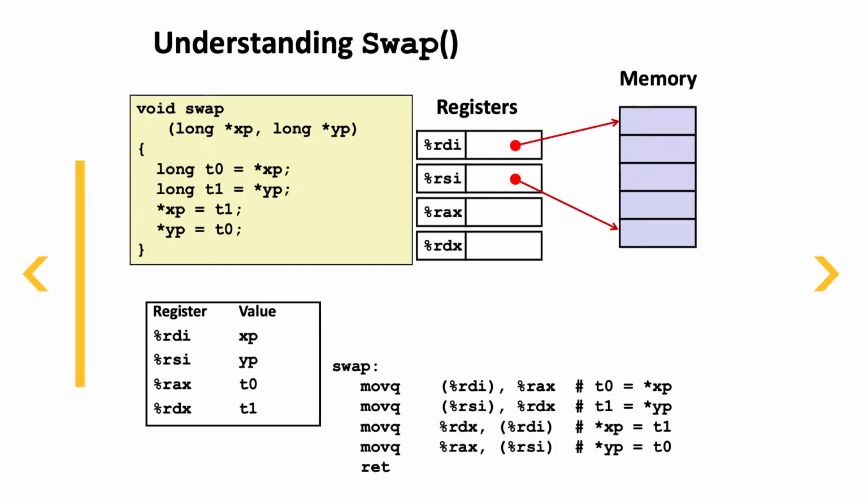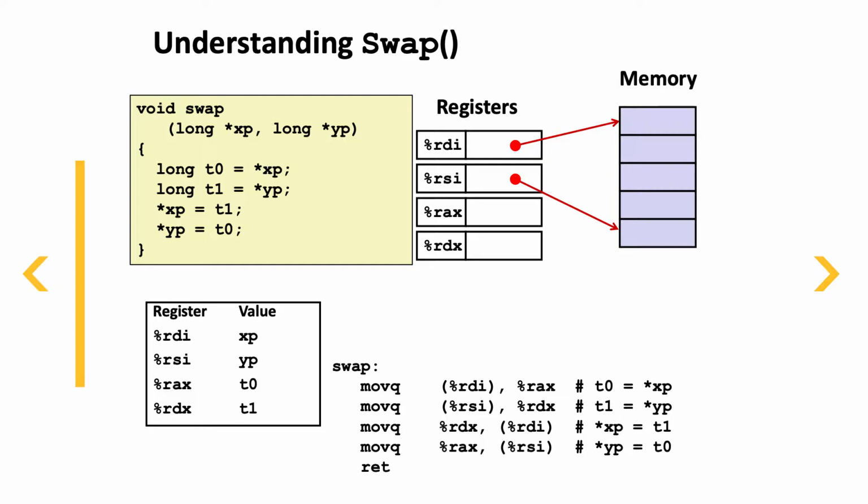This slide shows us the initial conditions. Let's assume we've got whatever we have out in memory. We won't worry about the specific values that are out there yet or the specific addresses. The registers, RDI and RSI, are going to get those pointers, which means those are going to point to memory locations. And once we call this function, RDI is going to get XP, the first parameter.